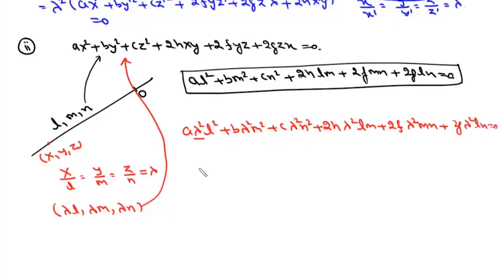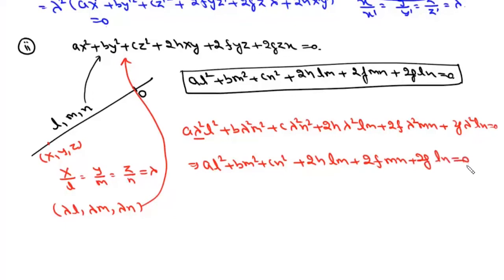Now we'll take this lambda² common, and then we'll get al² + bm² + cn² + 2hlm + 2fmn + 2gln, and it must be equal to 0.